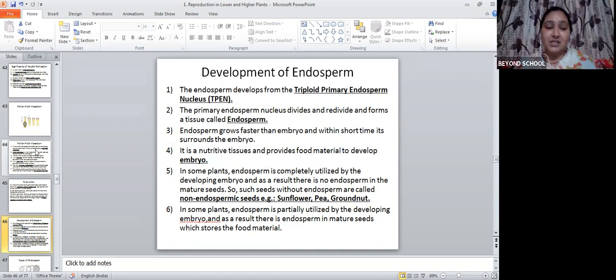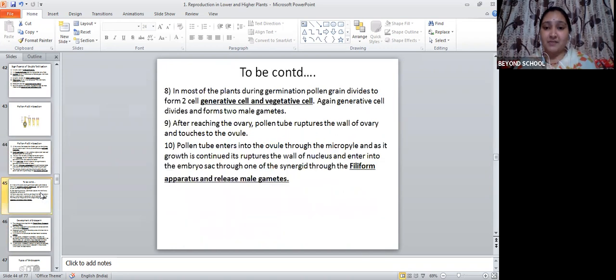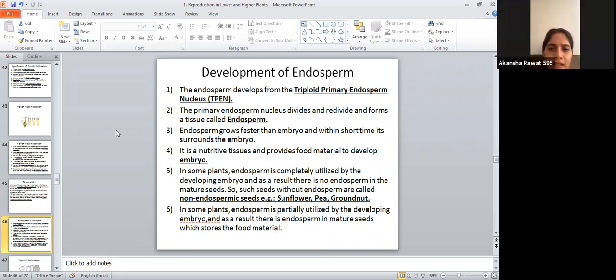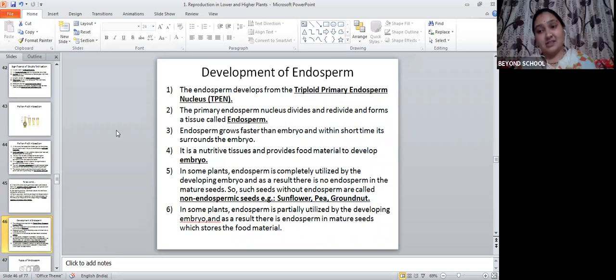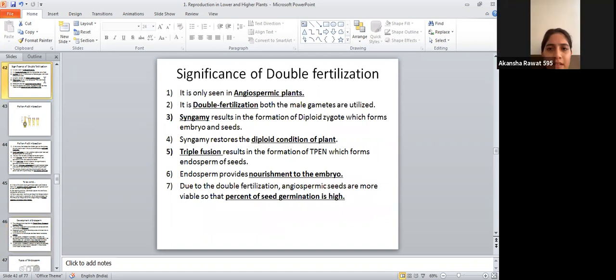Now we all saw what the endosperm is. This endosperm is basically providing nourishment to the seed, isn't it? Now we saw here the triple fusion activity.